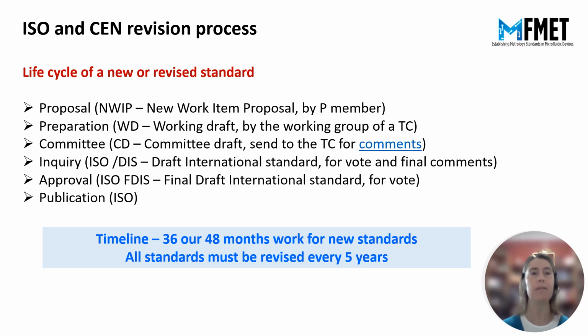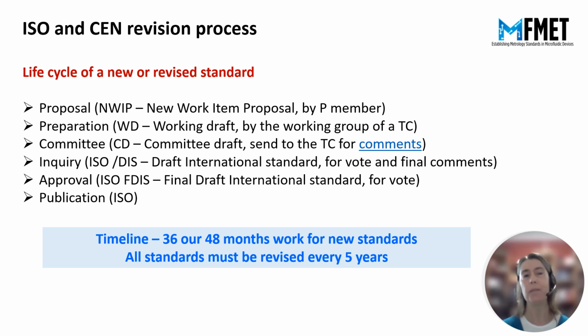So how does the life cycle of a new or revised standard work? First, we make a proposal. This is a new work item proposal, and this is done by a P member. Then we have the preparation stage, where we develop a working draft, and this is done by the working group of a technical committee.